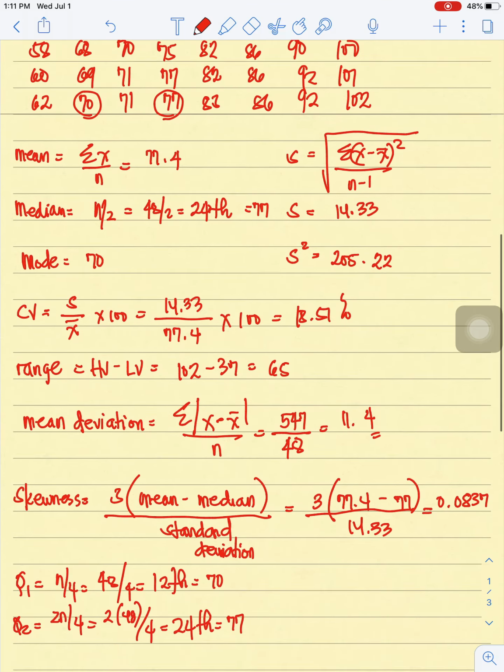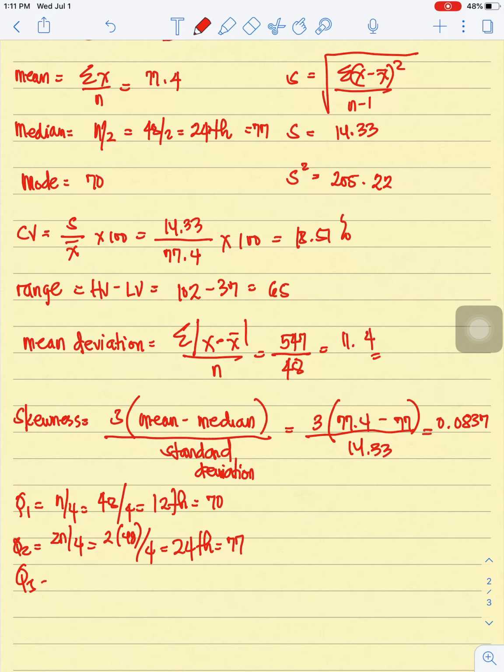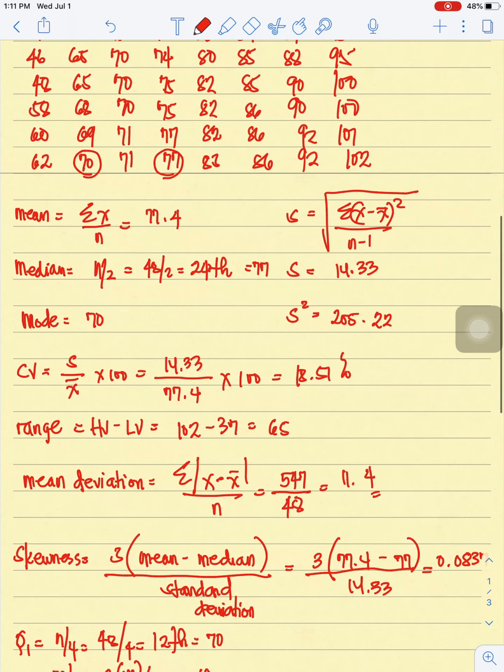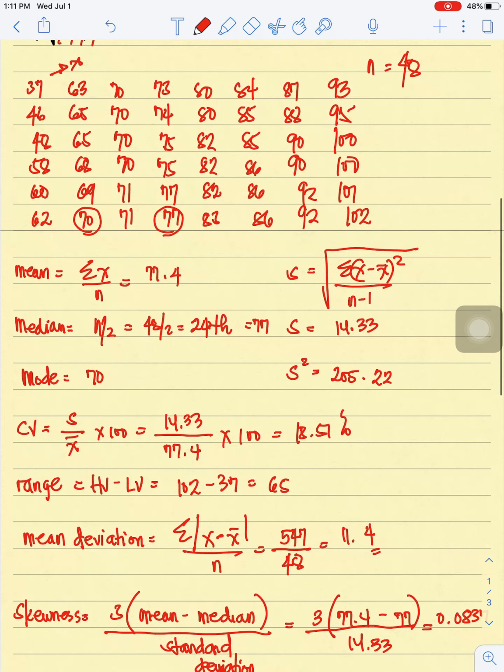The next is we have Q3. Q3 is 3n over 4, and that is 3 times 48 divided by 4, that is equal to 36. What is the 36th place? We have there 24, 25, 26, 27, 28, 29, 30, 31, 32, 33, 34, 35, 36.